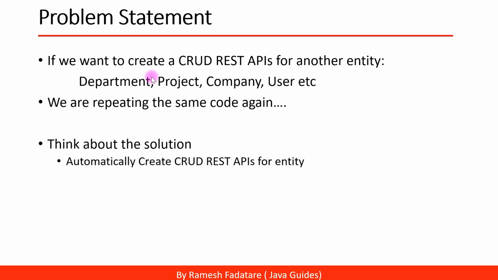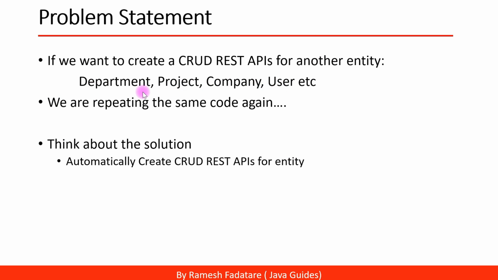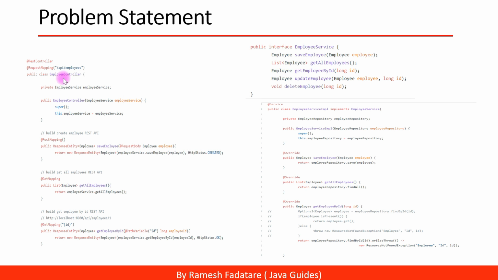Okay, and let's say if we want to create REST APIs for other entities like department, project, company, users, etc., then we need to create a controller, service interface, and service class for each of these entities. Alright, so if you observe the code, only the entity name is changing over here and the rest of the code remains the same.